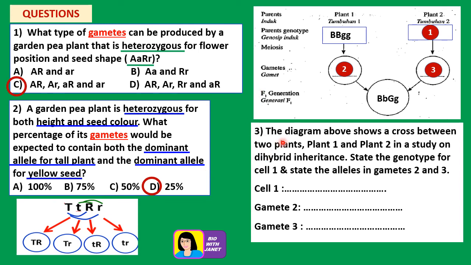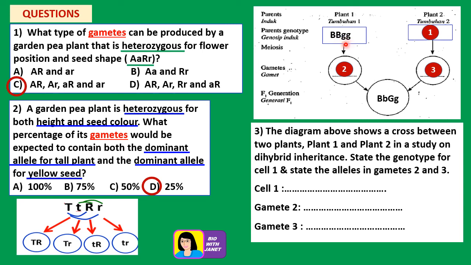The diagram above shows a cross between 2 plants, plant 1 and plant 2, in a study on dihybrid inheritance. State the genotypes which are numbered 1, 2, and 3. For this question, first of all, we determine the alleles in the gamete. Big B, small g, small g.